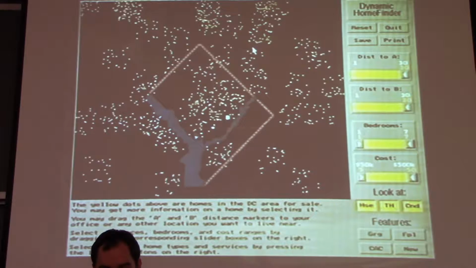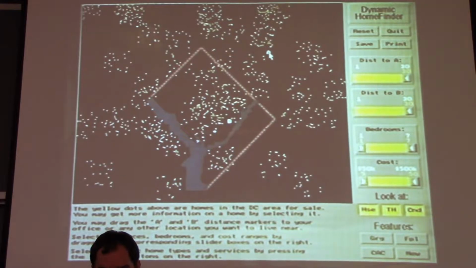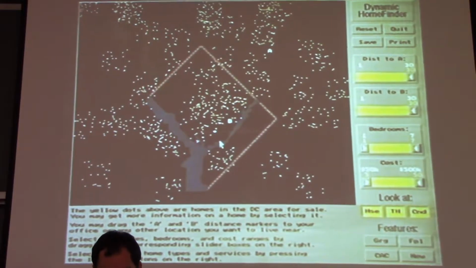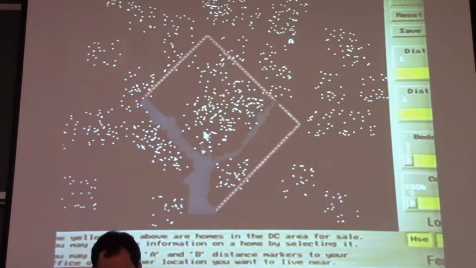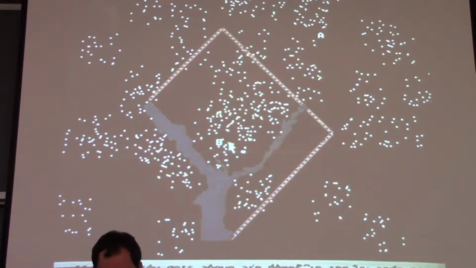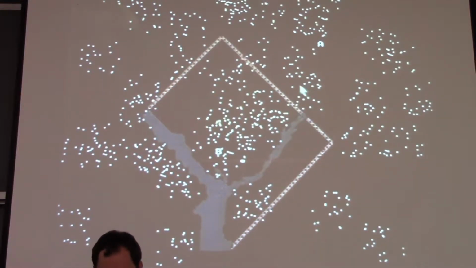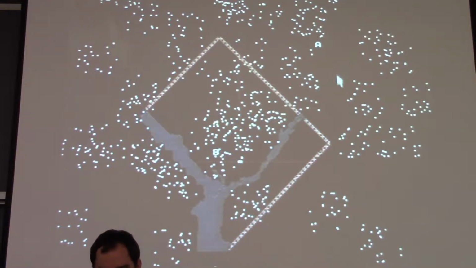So the first thing to do is to mark where you want to work here at the University of Maryland, right about, let's say, there, the A marker. And then your spouse is going to work downtown in the executive office building, right about over there. There's the B marker. Okay. And now each of these points of light on the display represent a home for sale.